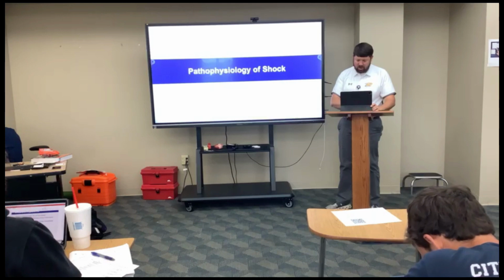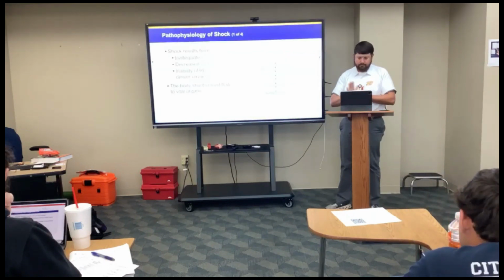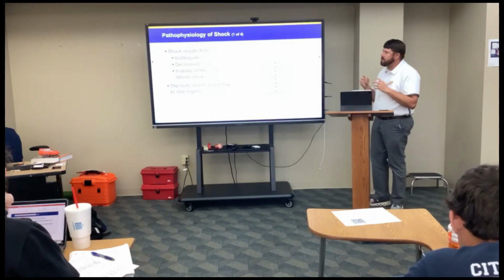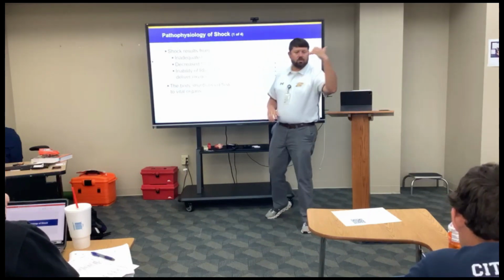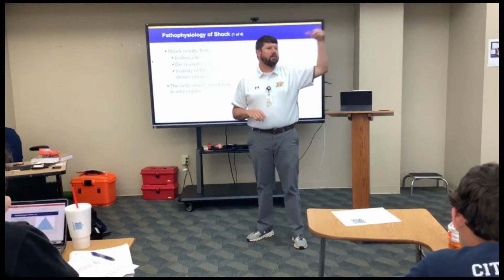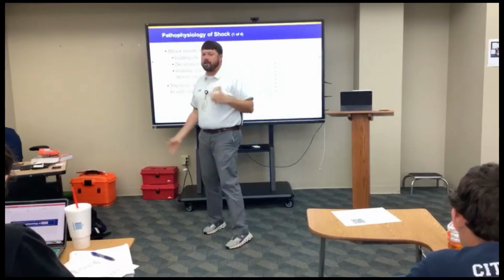Alright, let's talk about shock. This is really interesting. What are some types of shock? At this point we've learned that you've got distributive shock, hemorrhagic or hypovolemic shock, neurogenic shock, all of your different shocks.